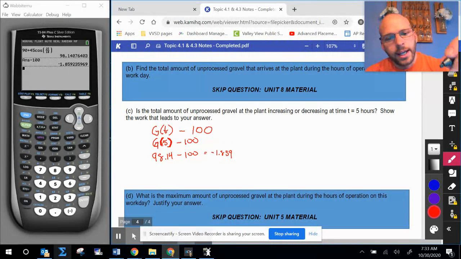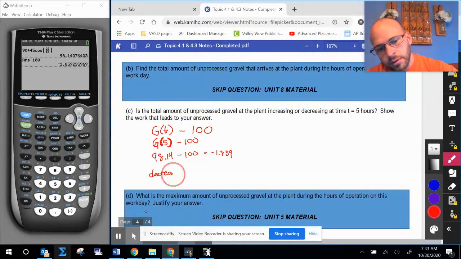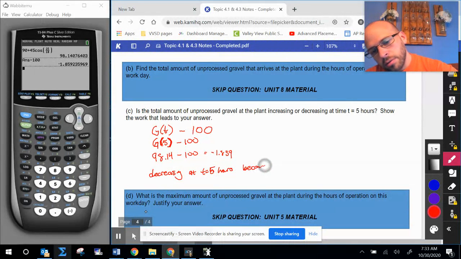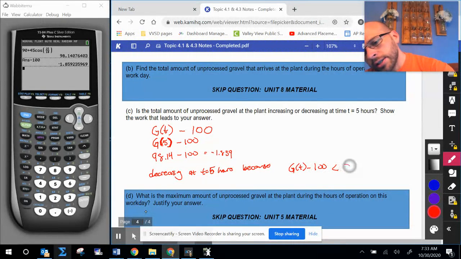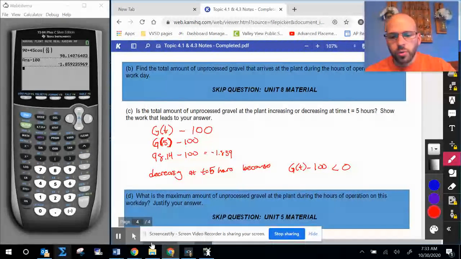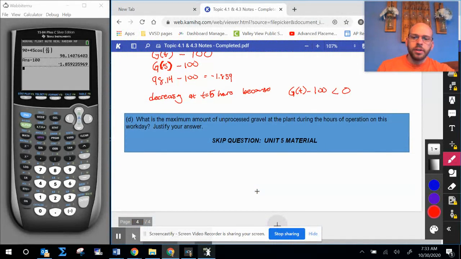So what I can say here is that it's decreasing at t equals 5 hours because G of t minus 100 is less than 0, right? So the rate of change in which it's arriving minus the rate of change in which it's leaving is negative. So I know more is leaving, right? So ultimately, I know it's going to decrease.